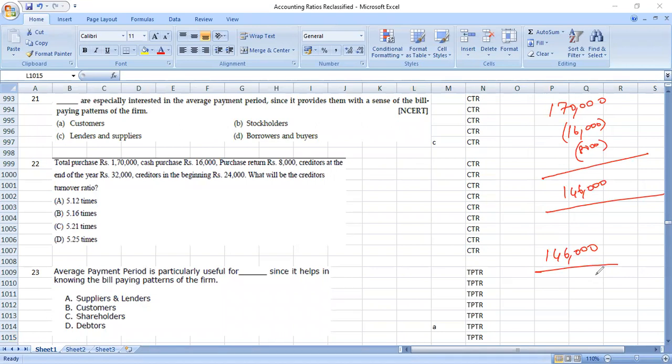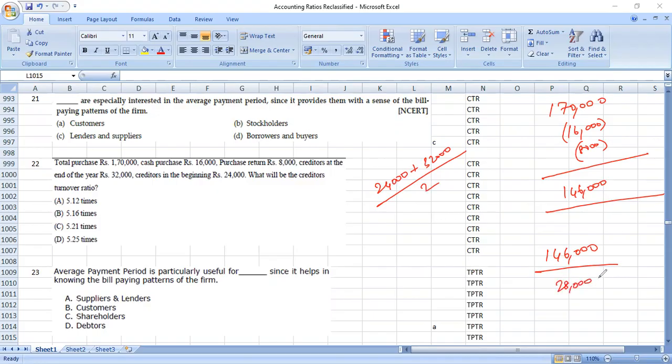1,46,000 divided by creditors in the beginning and creditors at the end. So 24,000 plus 32,000. It's actually average trade payables. Trade payables includes creditors and bills payable. So that is 56 divided by 2, 28,000.